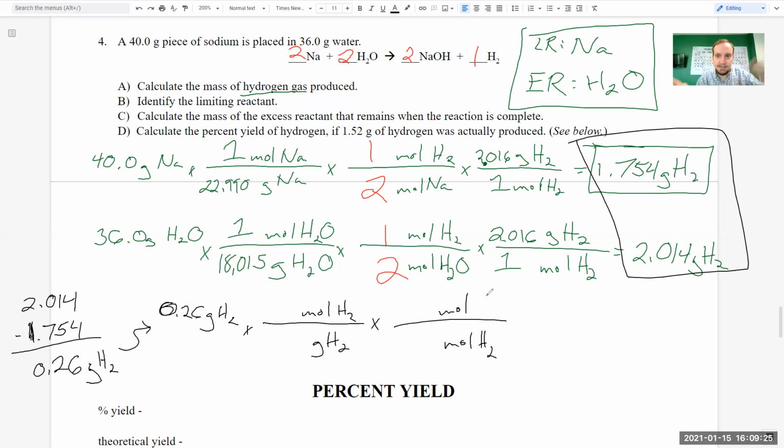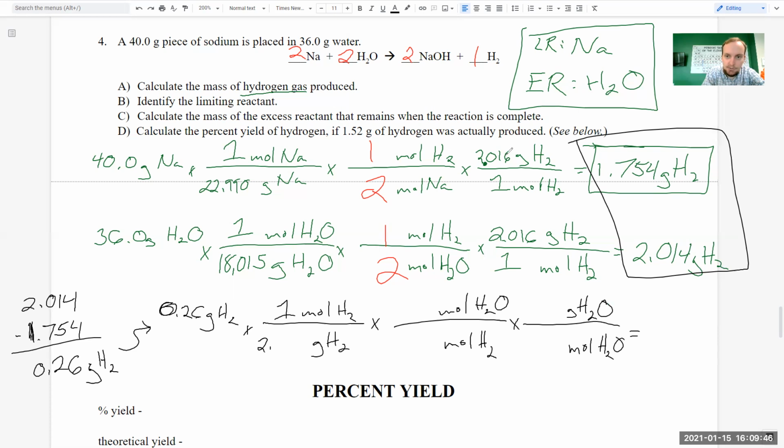Again, which one is our excess reagent? Well, we already found out it's H2O. So moles of H2O. And I'm going to get out of moles of H2O into grams of H2O. All right, so again, moles over grams, moles is 1, grams comes from the periodic table.